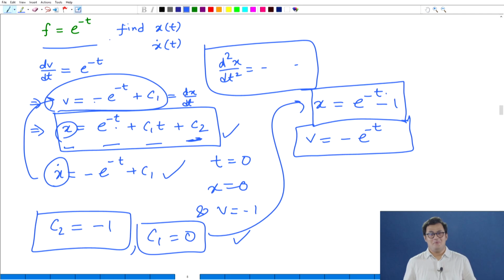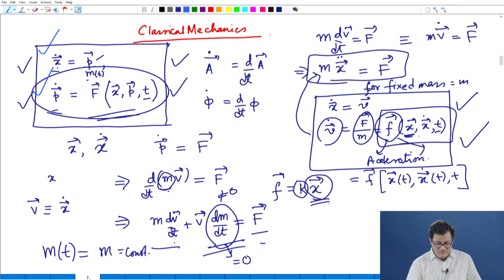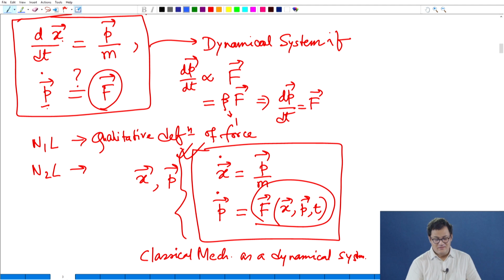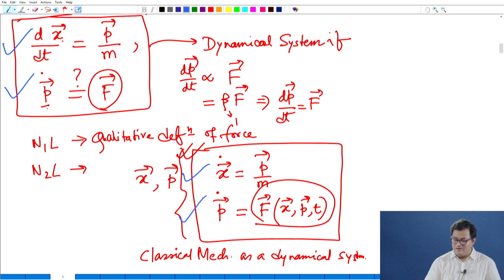Now, before wrapping up this lecture, I would like to comment on something. If you check what we discussed already in the first lecture, you have here two equations, and I say that this somehow completes the description.